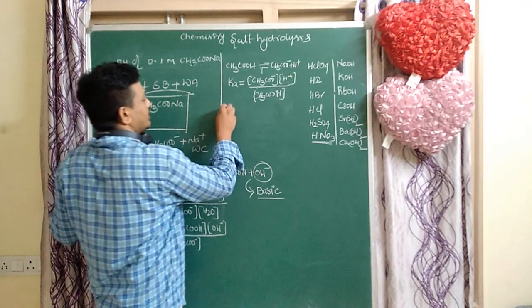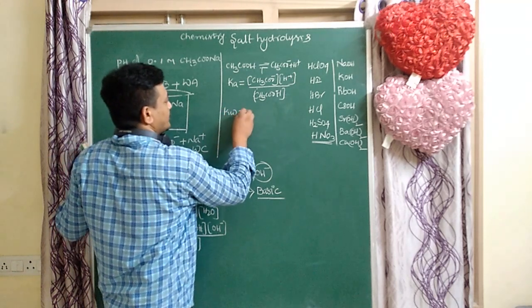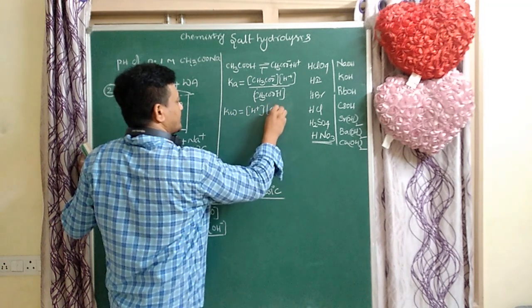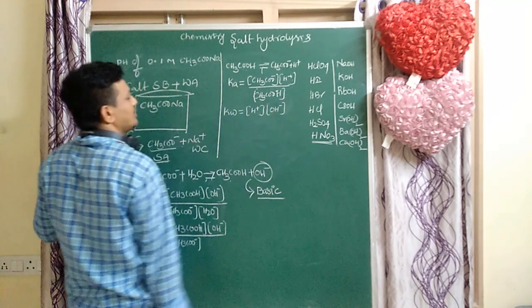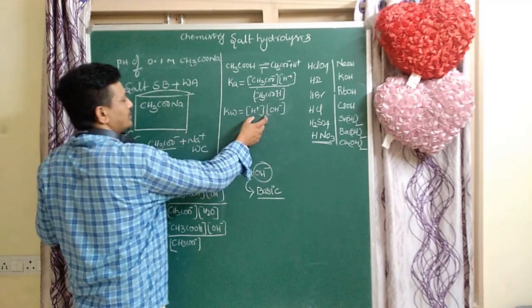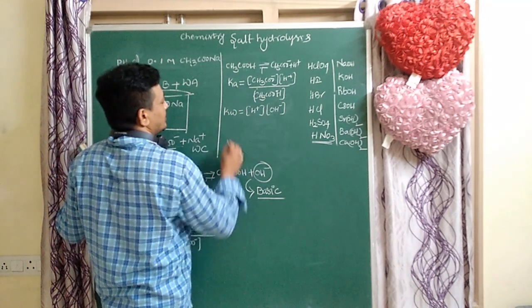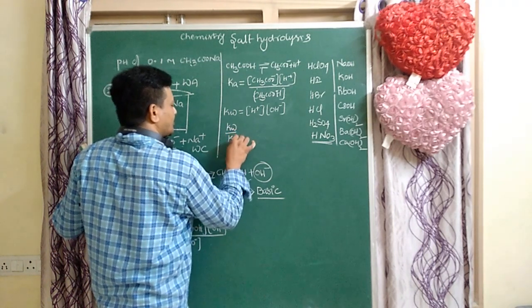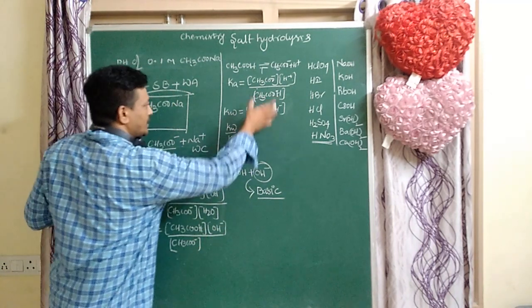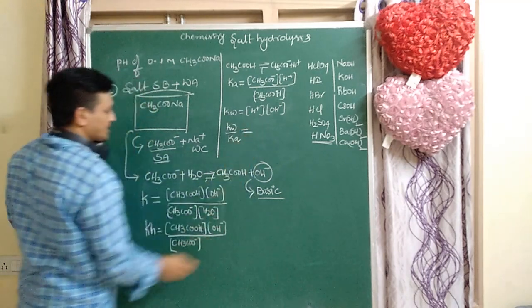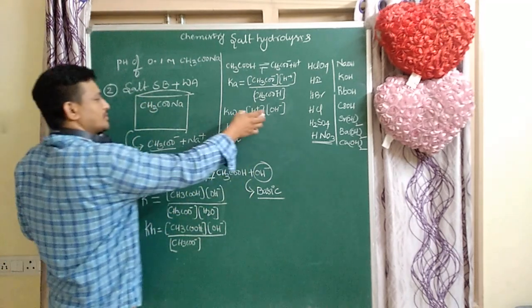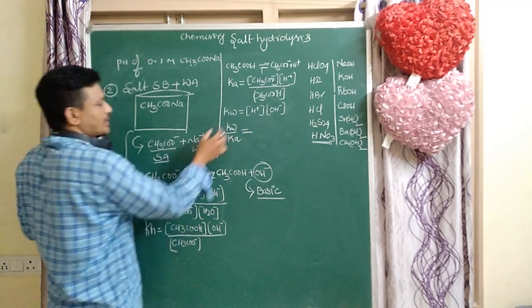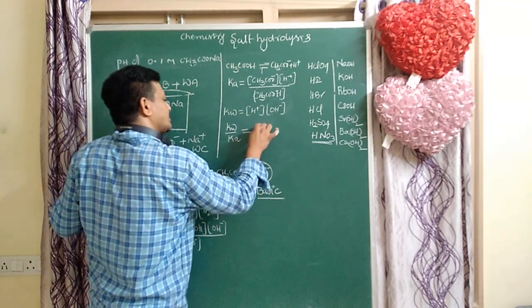You already know that Kw equals the concentration of H plus times the concentration of OH minus, a very important formula, and at room temperature its value is 10 power minus 14. Dividing Kw by Ka gives KH.